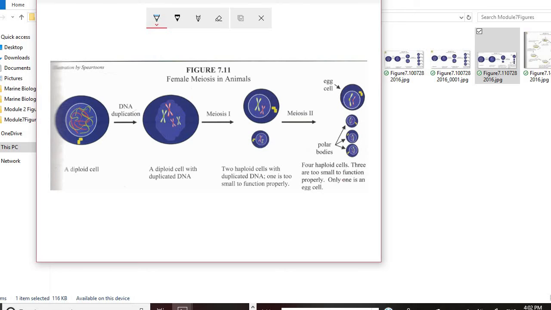And then when you go to meiosis 2, the same thing happens, where from this one you end up with a bigger one and a smaller one, and you end up with two smaller ones from this one. So basically you end up with one large and three small.